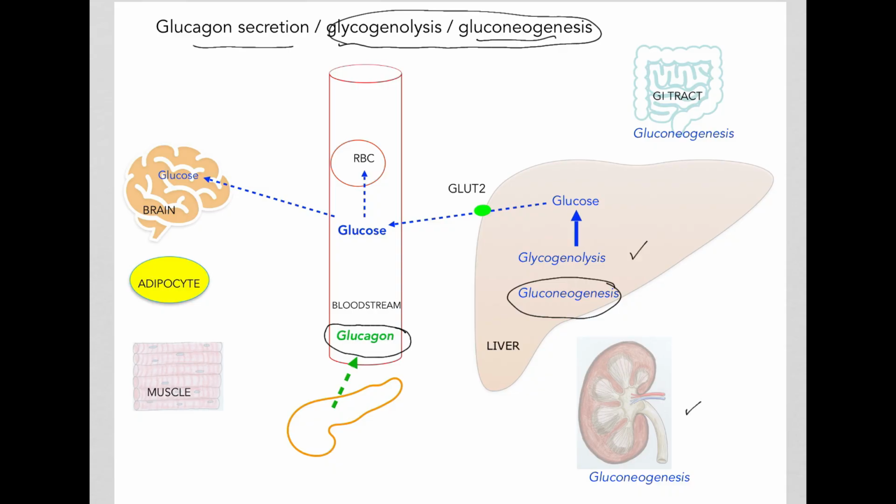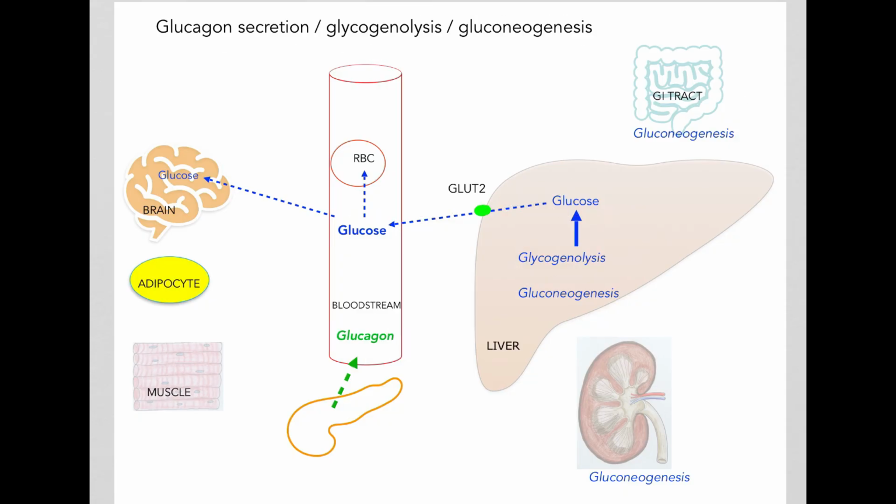Some of it also is done by the kidneys as well as the GI tract. And then there is glycogenolysis, breakdown of glycogen to form glucose, and then this glucose enters the bloodstream. So these are the key events that happen in glucose metabolism.